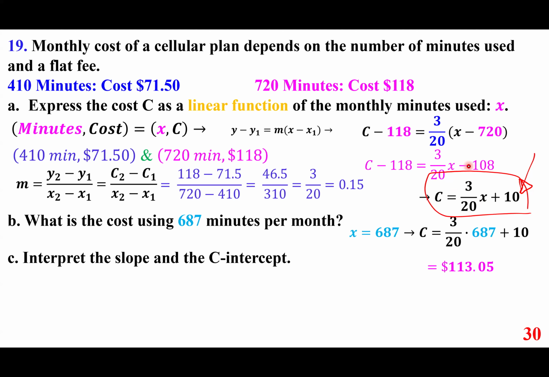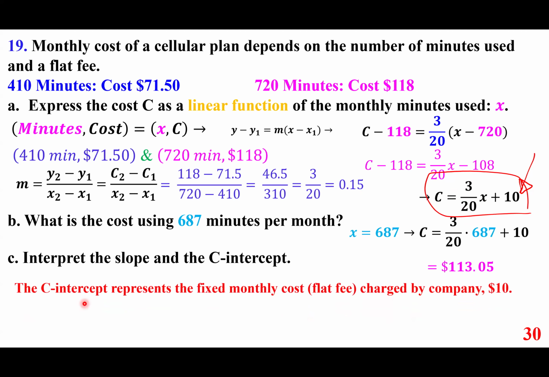That means the slope represents the cost per minute. It's 15 cents, 3 over 20 or $0.15, or 15 cents per minute. Therefore, the C-intercept represents the fixed monthly cost or flat fee charged by the company, which is $10.